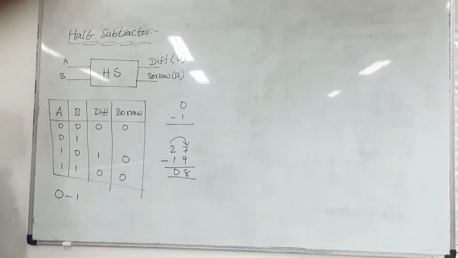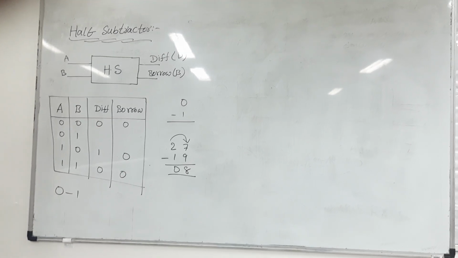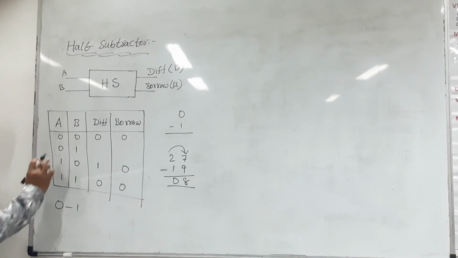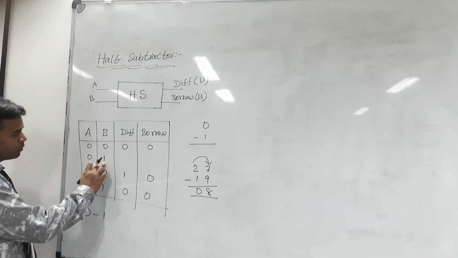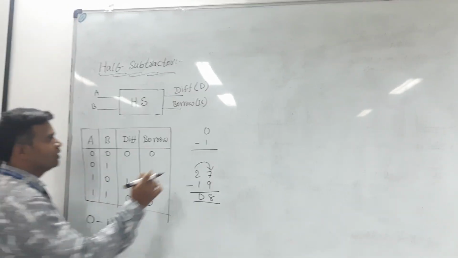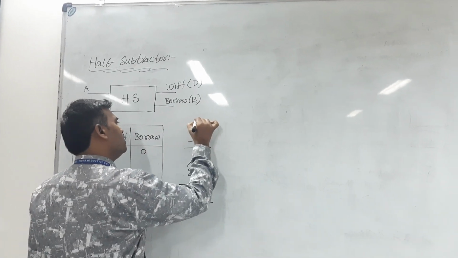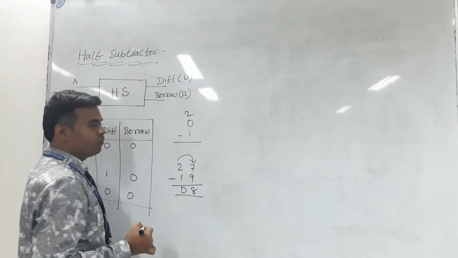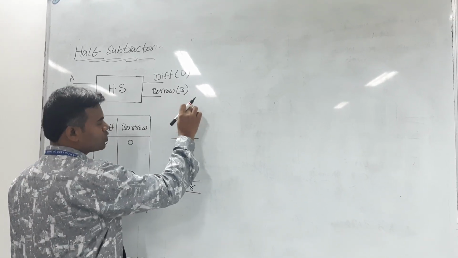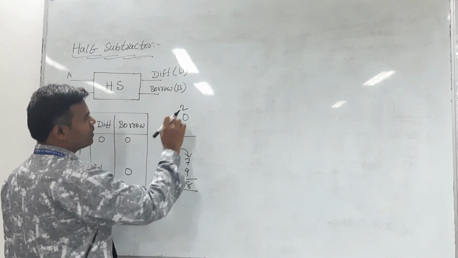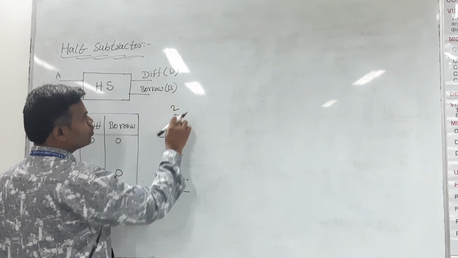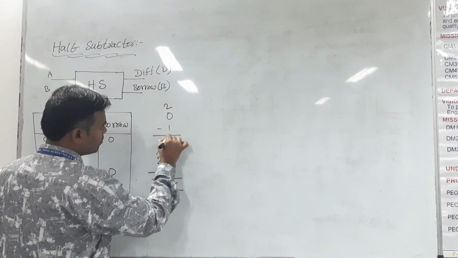You apply the same concept in the binary system also. 0 minus 1: subtraction is not possible, so you take a borrow. What is the weight of that borrow? That weight is 2, because these are binary numbers and the base is 2. 2 minus 1 is 1.